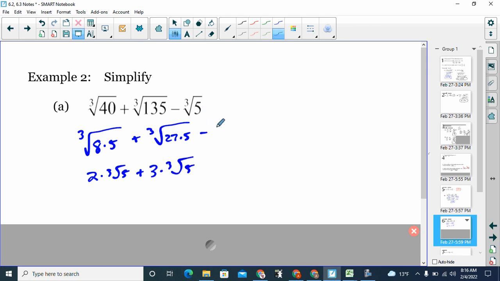Cube root of 5 does not reduce. Two cube roots of 5 plus 3 more cube roots of 5 give me 5 cube roots of 5 minus 1. So I have 4 cube roots of 5.